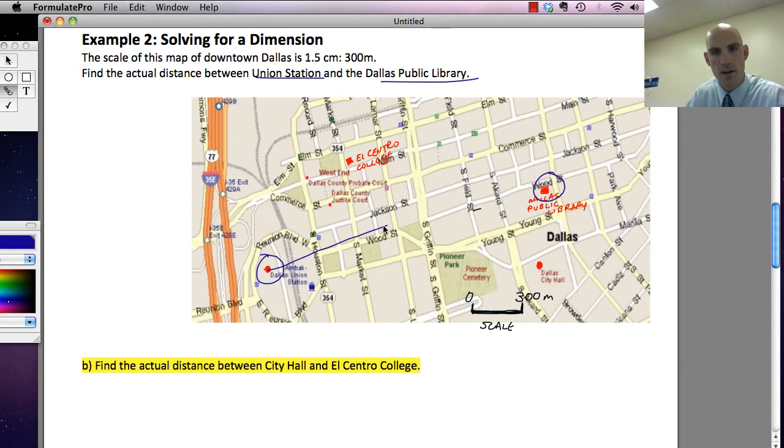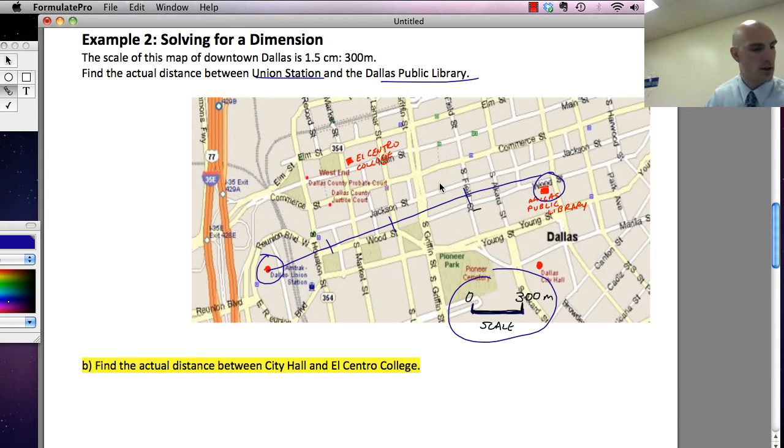Okay, so I want to measure this distance here. And here's my scale, and so basically what I'm doing is saying how many of these are in this. Well, if I do it about the length, 2, it's about 4. Okay?